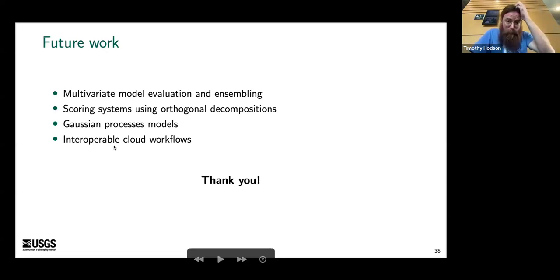And finally, I do a lot of work on Gaussian processes, which I think are underappreciated in the HydroML community. They're very useful in a lot of applications where we have these very sparse measurements. With machine learning methods, they like complete data sets, and once they have that, they're happy.